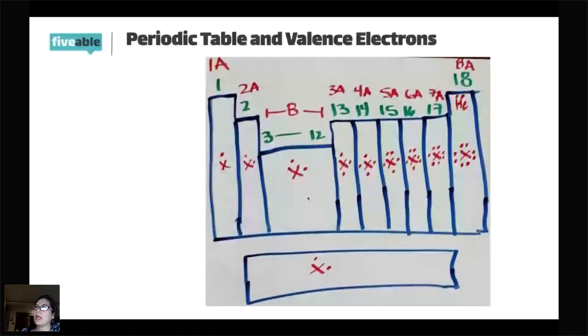Okay, what about group 3A? What would be the charge for this group? 3+, correct. What about the next one? Very good. 4+ or 4 negative.